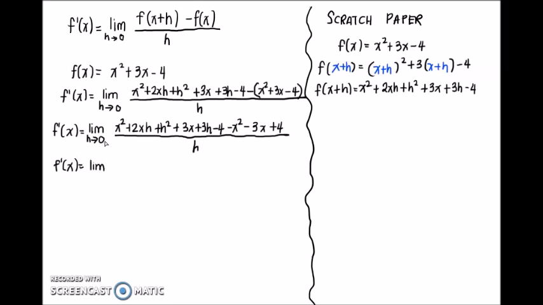So the limit, so x squared minus x squared, magiging 0 siya. 2xh, wala siyang kapareho, so let's just copy it. H squared, wala rin. So plus h squared. 3x, so meron tayo ditong negative 3x, that will make it 0. So 3h, wala din. So just copy 3h.